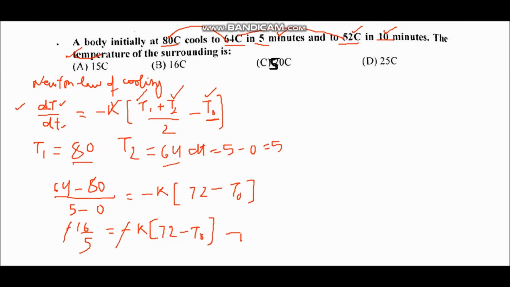Now the second case is the temperature changes from 64 to 52, means T1 is 64 now and T2 is 52.